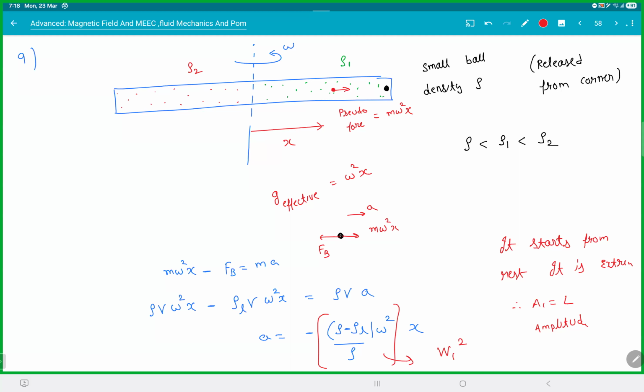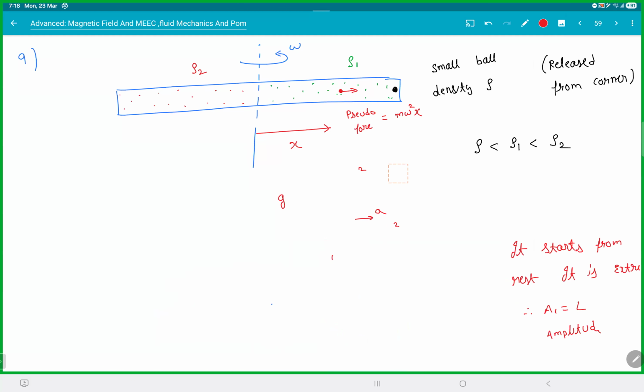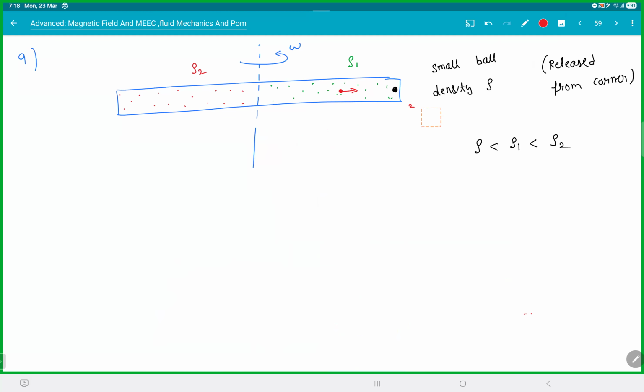Now on the other side, when you do the same thing, everything will look the same, except that rho 2. So here the equation would be m omega square x minus rho 2 V omega square x is equal to rho V acceleration.